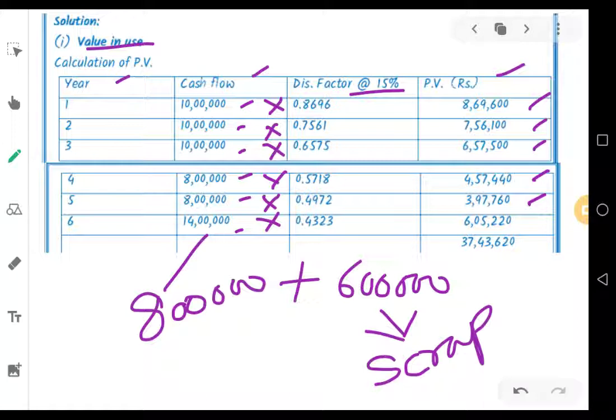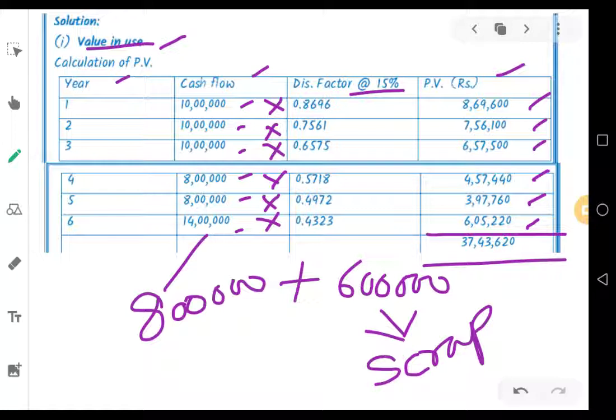So in the last installment, scrap and the last installment both have to be added, cash flow plus scrap. So 14 lakhs into 0.4323, you will get 6,05,220. When you add all these cash flows, you will get value in use. This amount is the value in use.